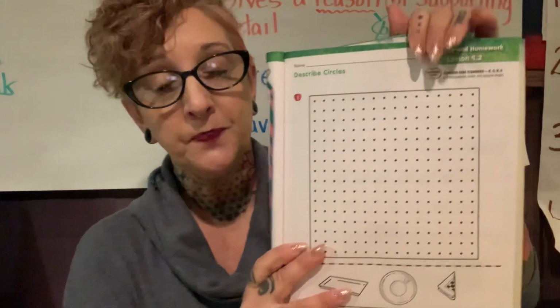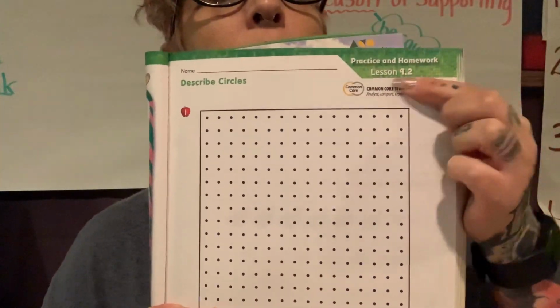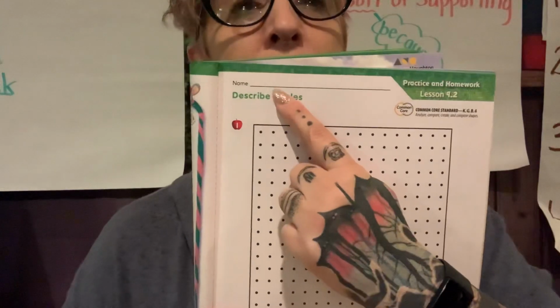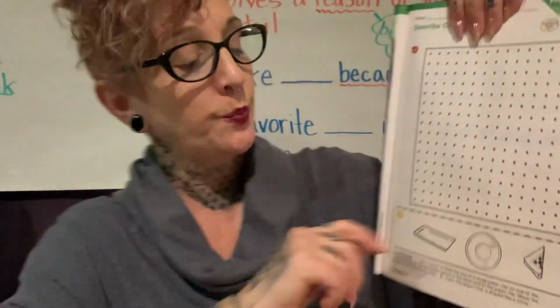Okay, now your homework, if you'd want to do it in Think Central, it's 9.2, and Mrs. Lofton already assigned that to you. Or if you'd rather, I notice some students would rather do it on paper, it's easier. This is 9.2, and it says practice and homework. Put your name at the top, always good to practice.